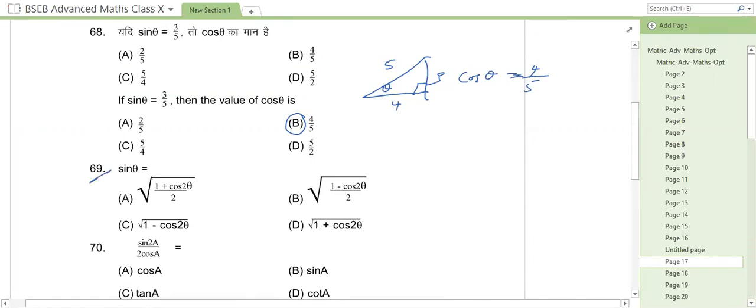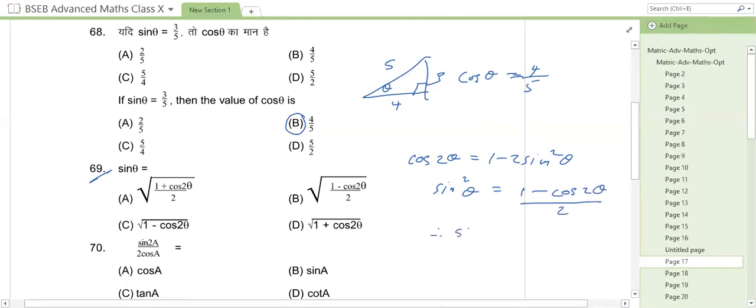Question number 69. We have sine theta equal to... So what we know is, in terms of cos double angle, cos 2 theta is equal to 1 minus 2 sine squared theta. We know that sine squared theta is equal to 1 minus cos 2 theta over 2.